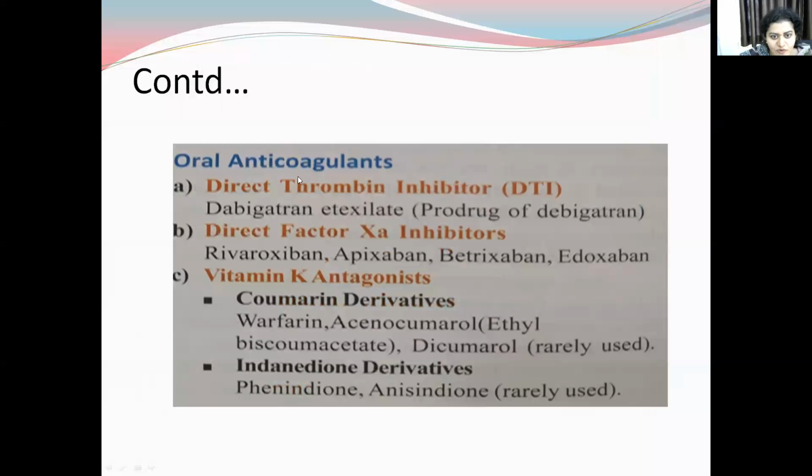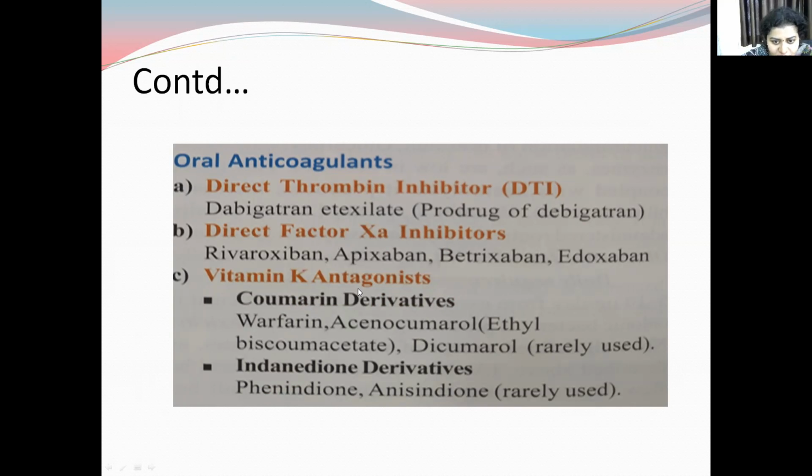Coming to oral anticoagulants, it includes direct thrombin inhibitors, that is direct factor 2 inhibitor, which includes dabigatran etexilate, and direct factor 10A inhibitors, which includes rivaroxaban, apixaban, betrixaban, and edoxaban.